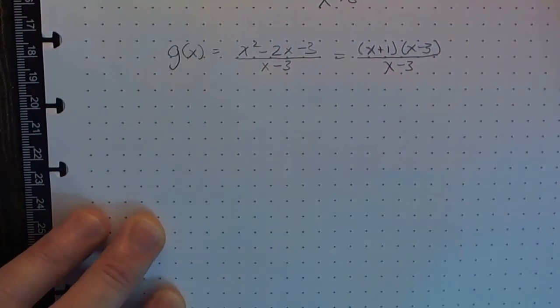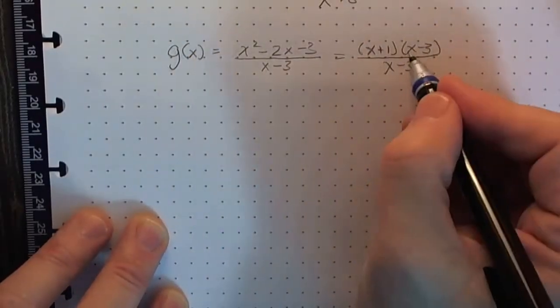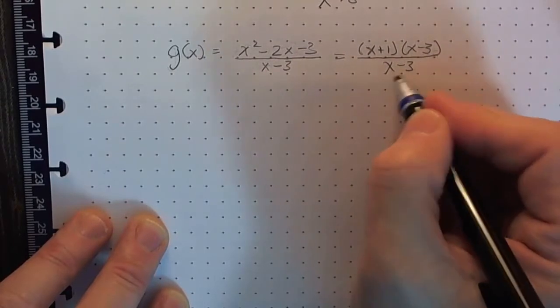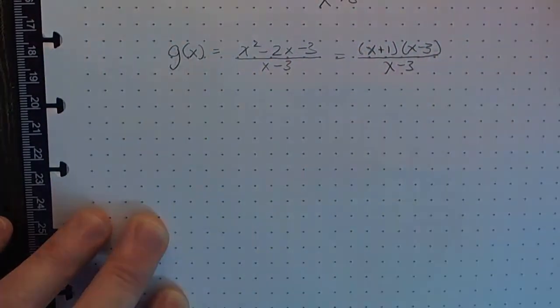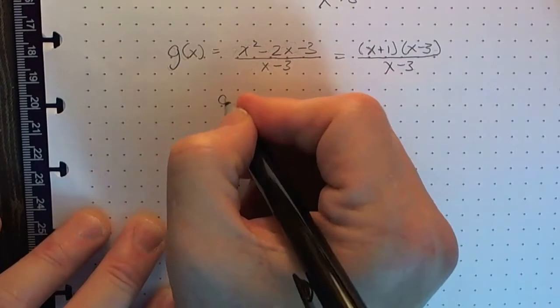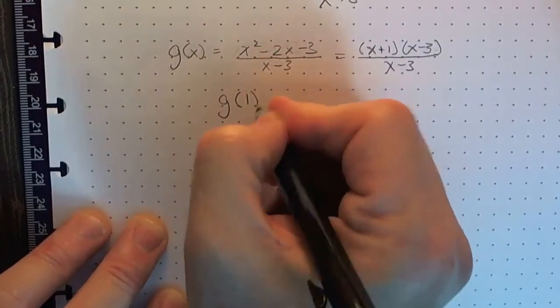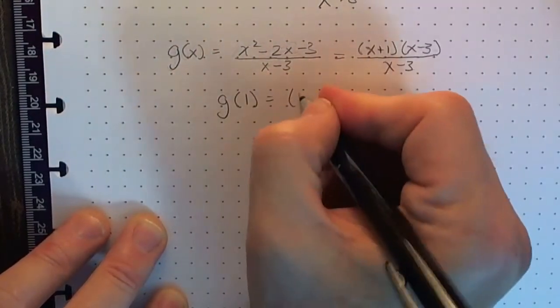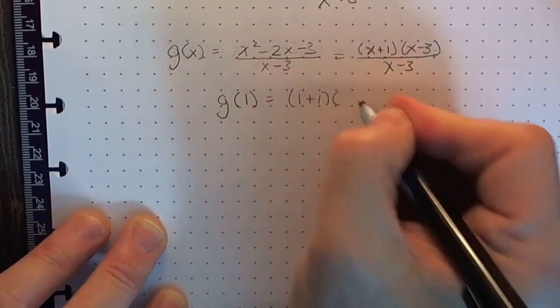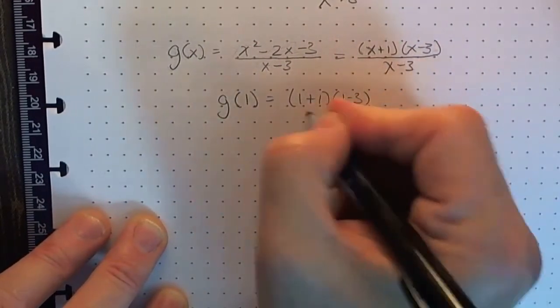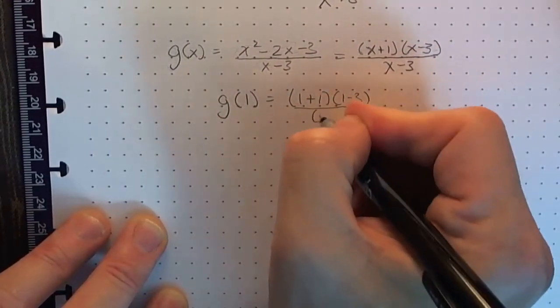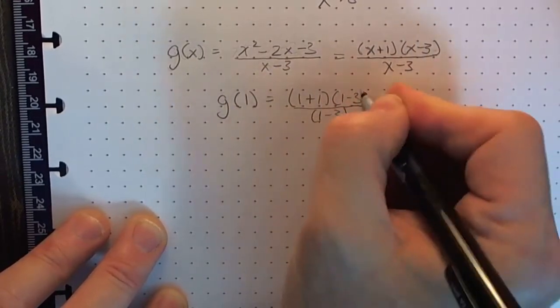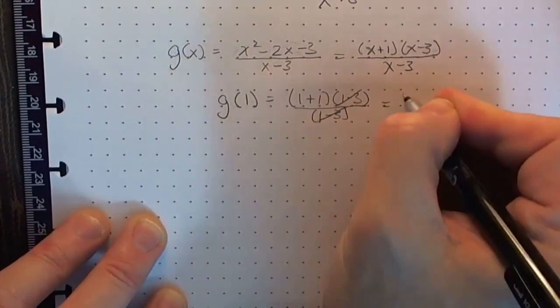Now, notice that you've got an x minus 3 up here and an x minus 3 down here. And every value that we put in, for example, let's suppose we do g of 1. Well, g of 1 would be 1 plus 1 times 1 minus 3 over 1 minus 3. Now, these 1 minus 3's will divide out and we just get 2.